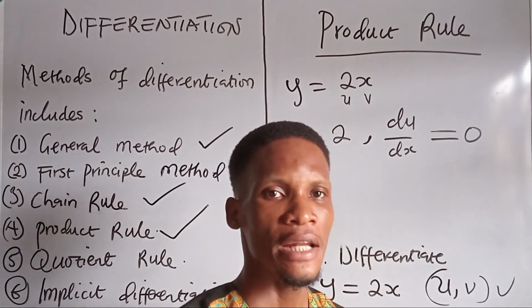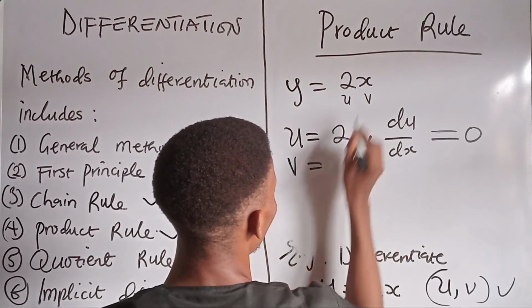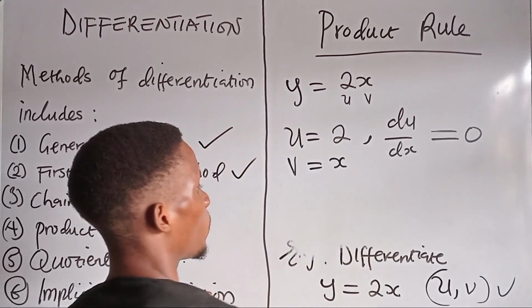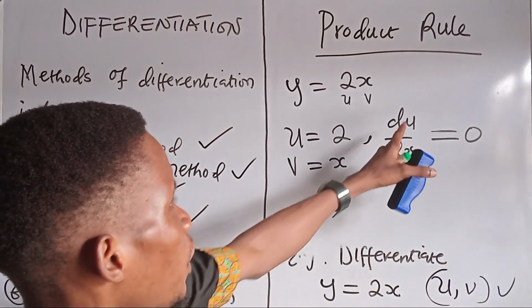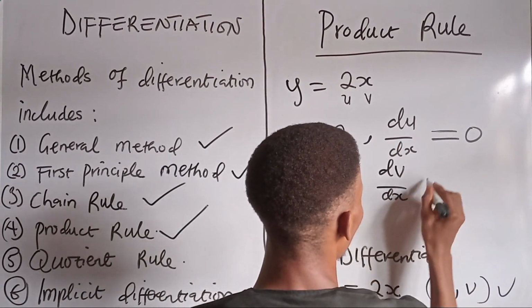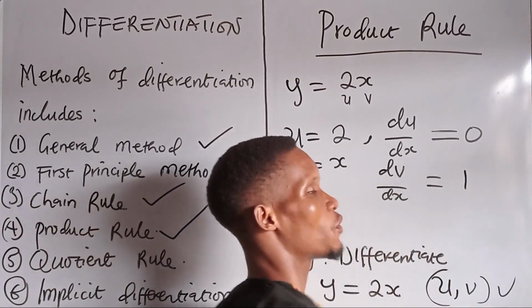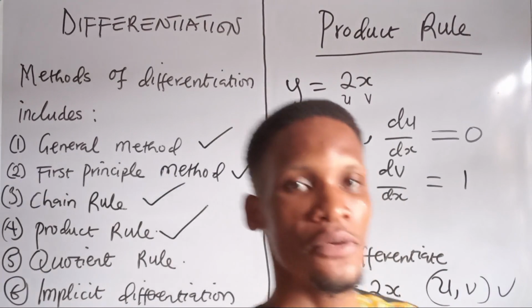The next thing you do is to represent v, which is x. So now dv over dx is going to give us 1. That is, when you differentiate x, it's going to give us 1.